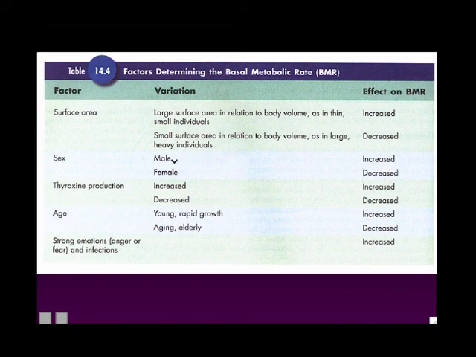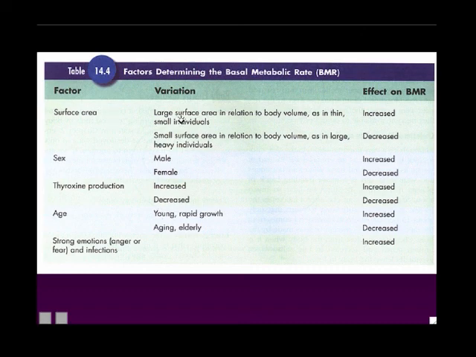What sex you are also has an effect on BMR. Males tend to have a slightly higher BMR than females do. And so males tend to have slightly lower levels of body fat than females do. And this table says surface area, but I just said size.